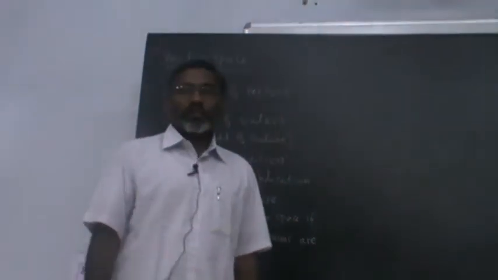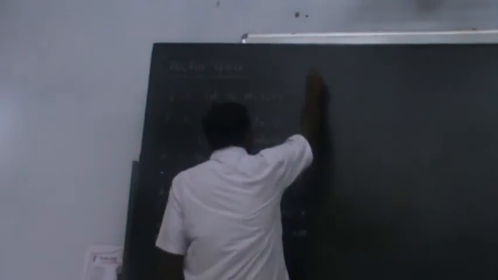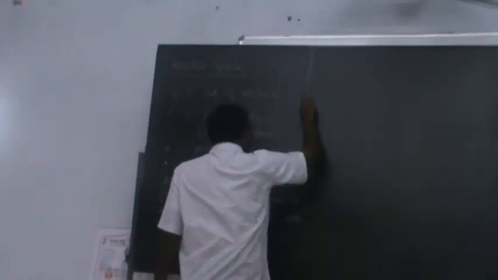It has to satisfy certain axioms. So what are those axioms that need to be satisfied?